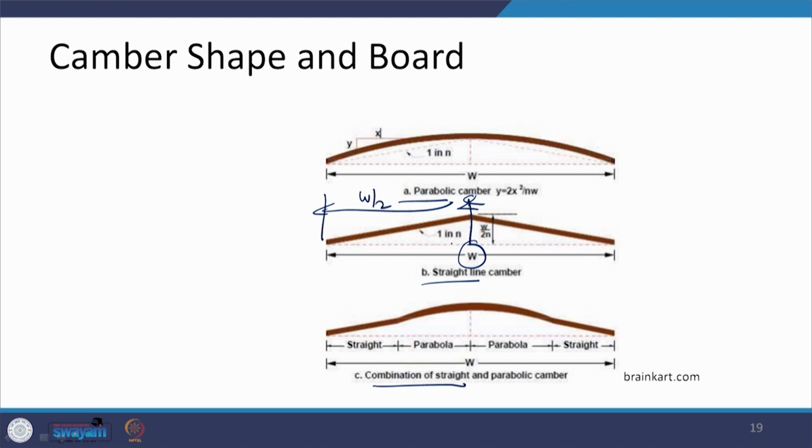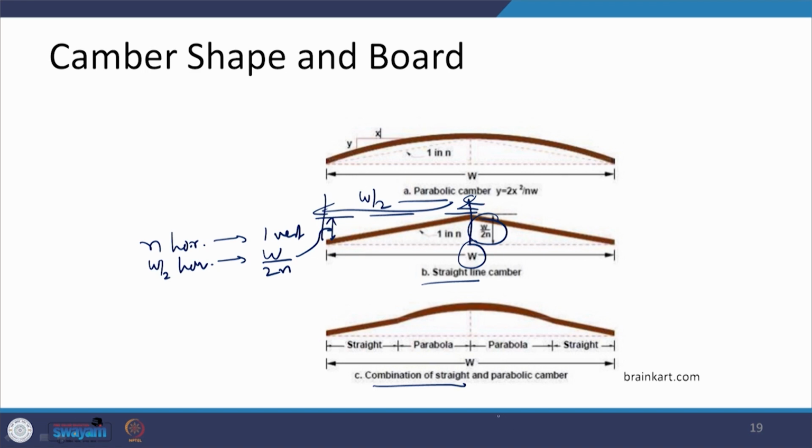When I move n horizontal, then I get 1 vertical. So, when I am moving w by 2 horizontal, then it becomes w by 2n. So, I am going to get this distance. So, this level difference is going to be w by 2n, and that is what is being shown at the center line of this particular carriageway.